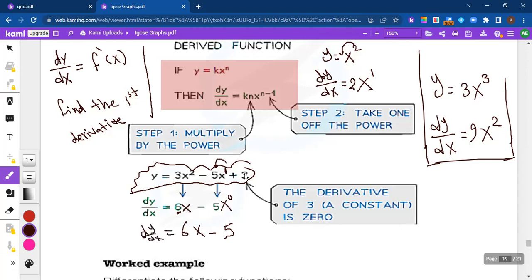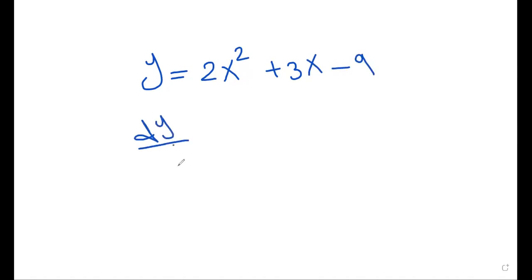Let's take more examples to understand. y equals 2x to the power 2 plus 3x minus 9, then dy by dx equals?